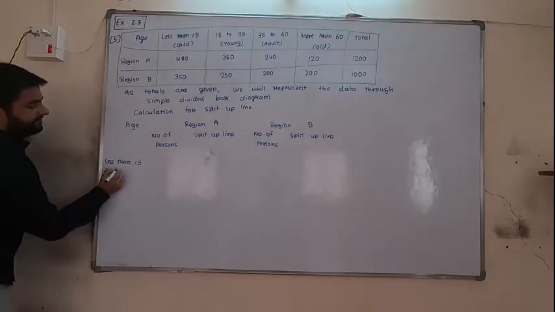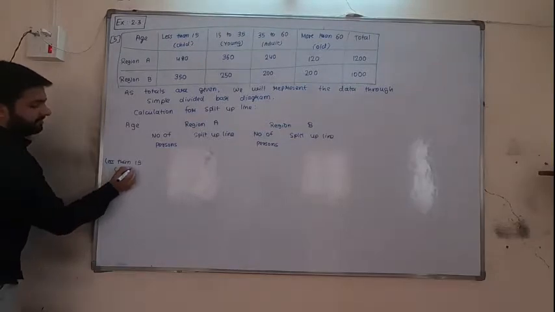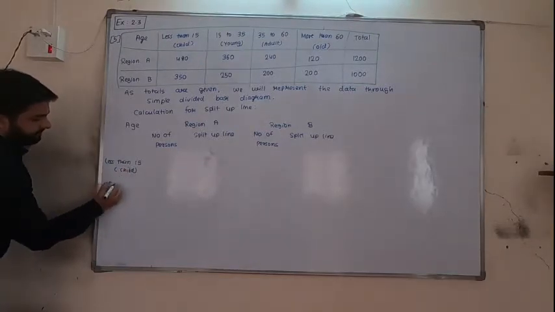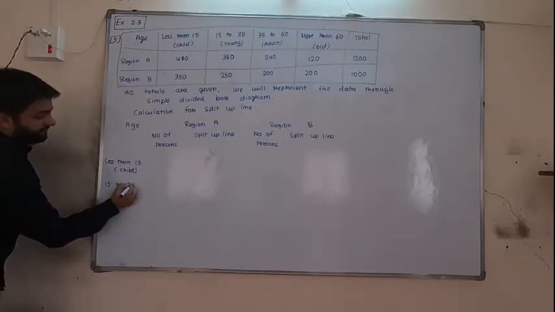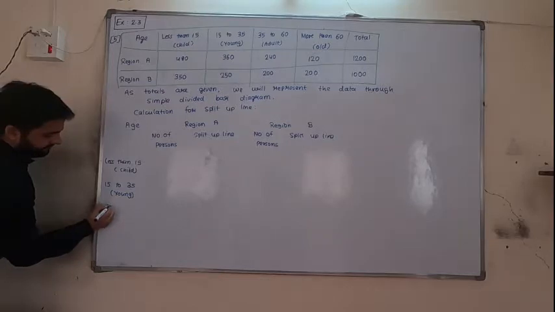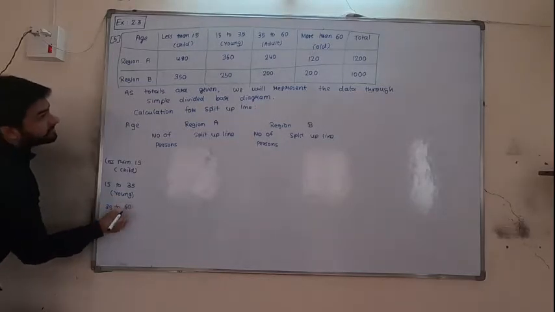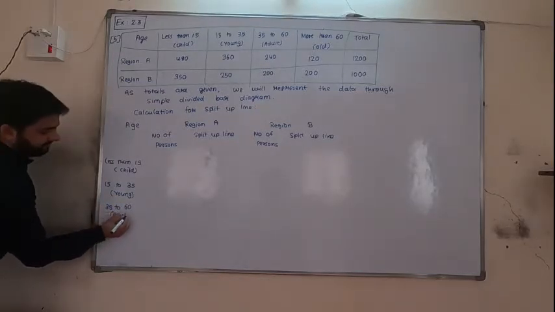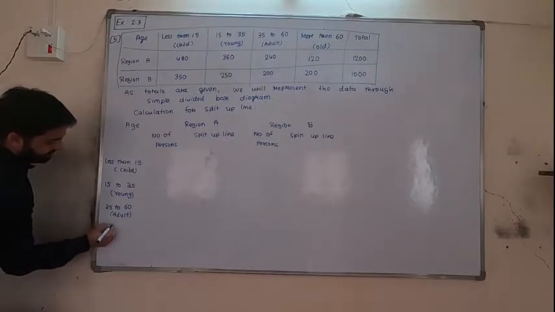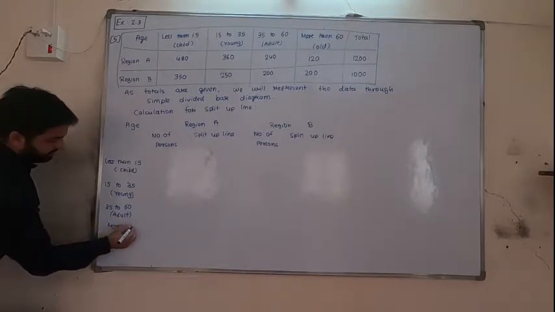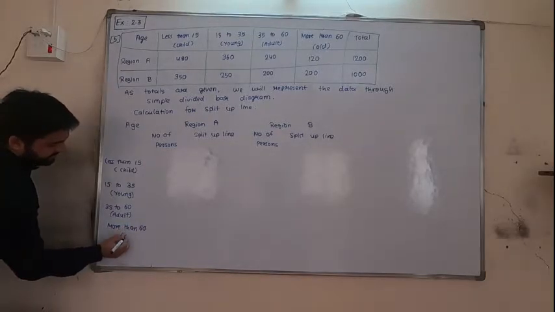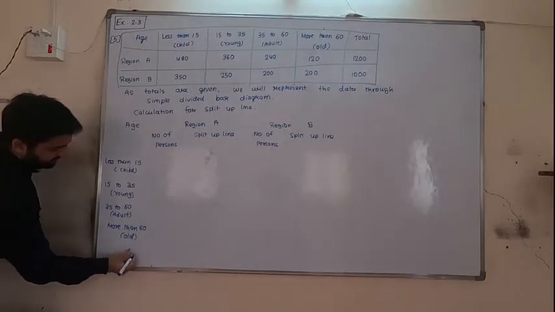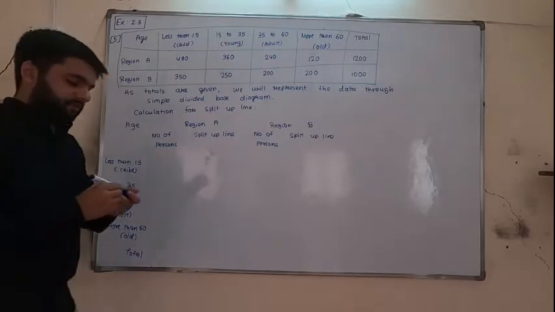Less than 15 are child, 15 to 35 young, 35 to 60 adult, more than 60 are old, and finally total.